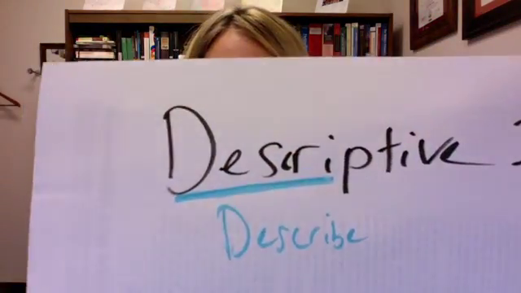You might think of words like describe. So a descriptive issue describes something about reality. As the book says, it describes the way the world was or is or will be in the future. So it's looking for facts, although what the facts are is often contested. So a descriptive issue is not necessarily just going to have one answer.